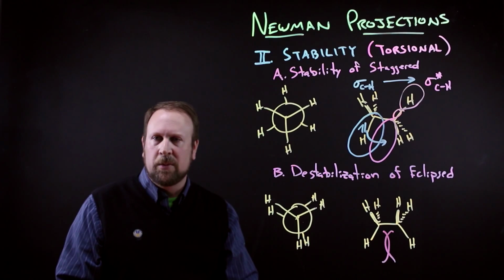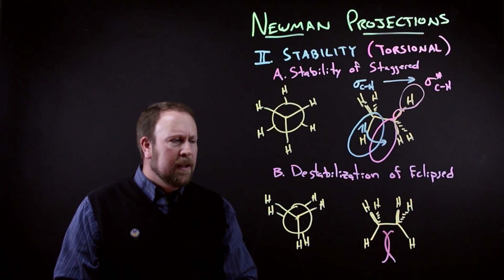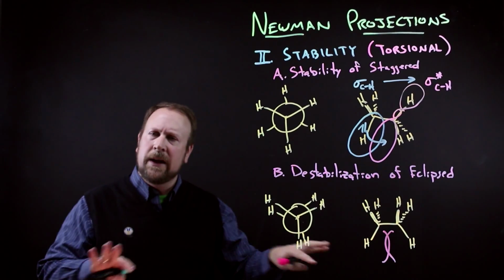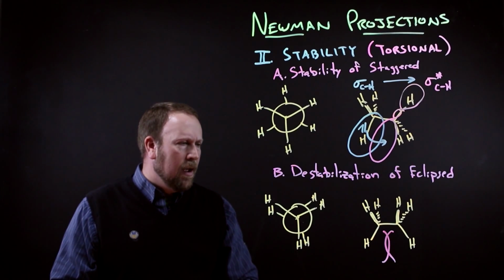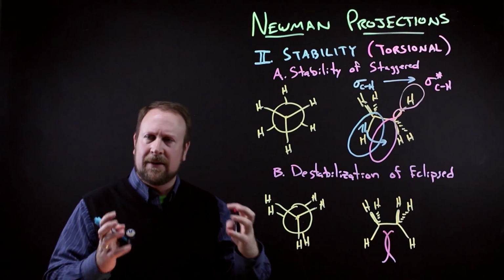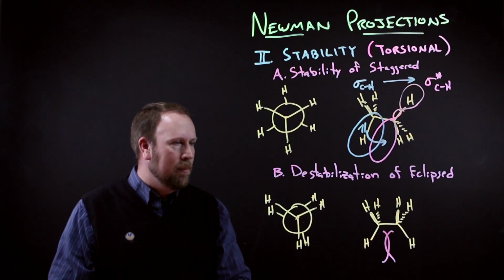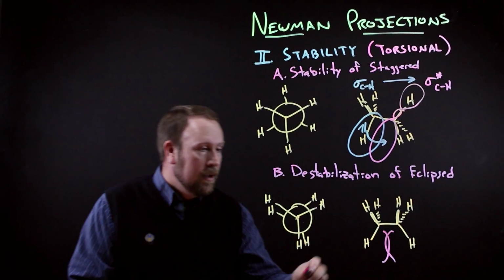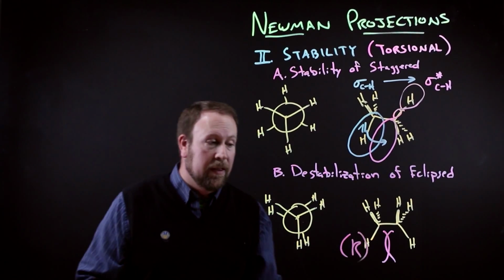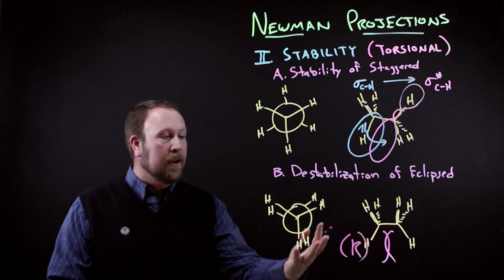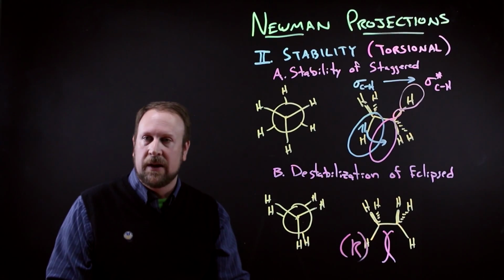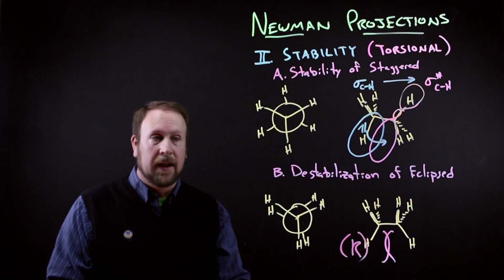The problem with this explanation in the case of ethane is this electron density is kind of pointing in opposite directions. And some people would have a hard time believing that these hydrogens, given their size, are really going to impact each other. However, as soon as we replace either of these with a larger R group, the steric explanation or this destabilization explanation makes a lot of sense.